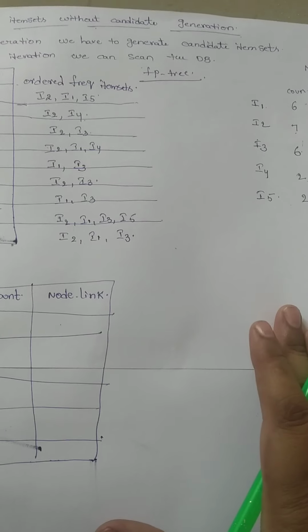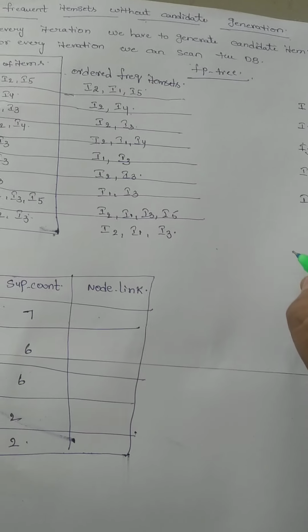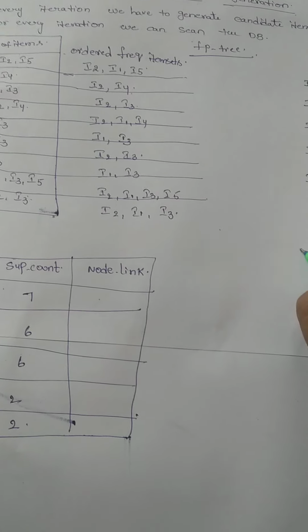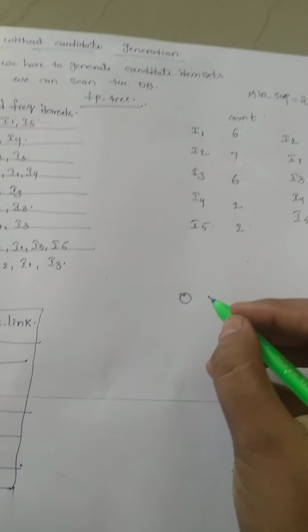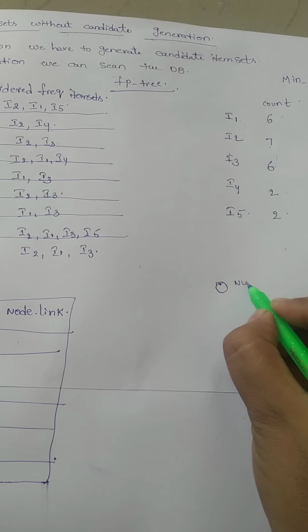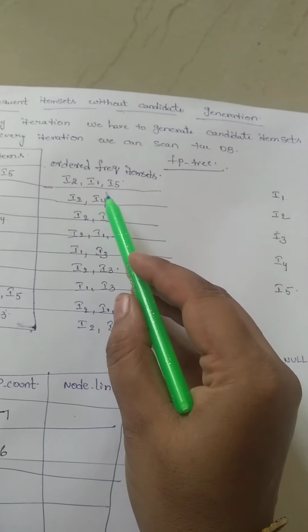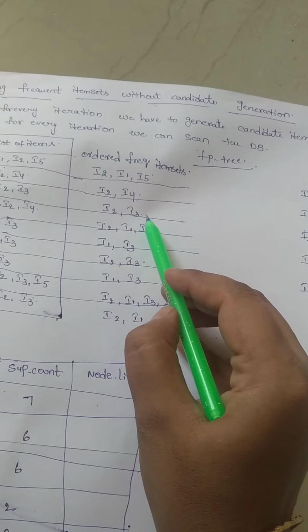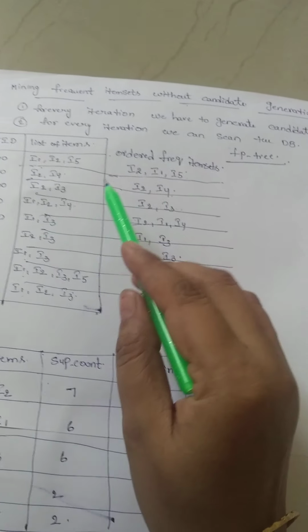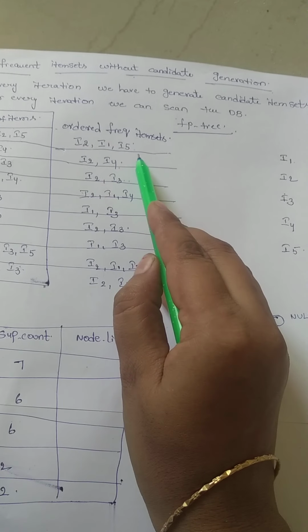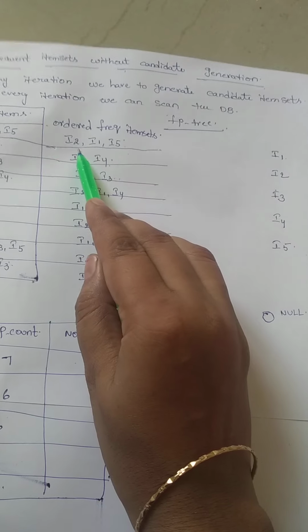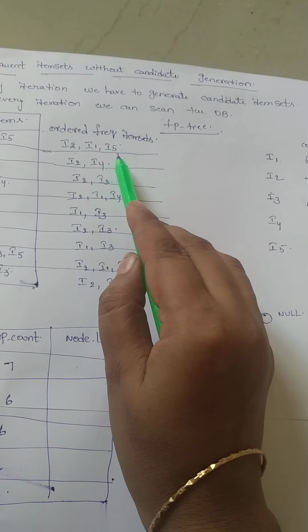Now we draw the tree. First we have the root node, and the root node is null. We take each and every transaction. In transaction T100, what are the ordered frequent items? I2, I1, I5.